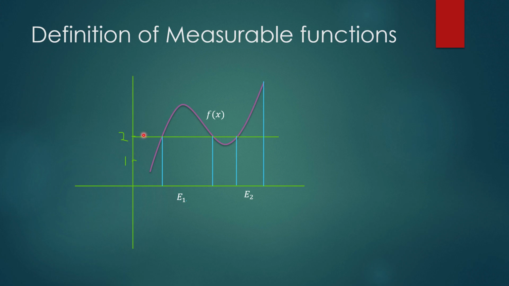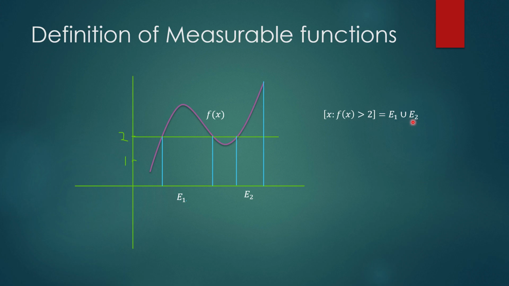Then the values of x such that f of x is greater than 2: this horizontal line is 2, and f of x here is well above this horizontal line. So the point x here gives f of x that is greater than 2. From the graph it is obvious that any point in E1 has f of x greater than 2. Similarly, any point in E2 has f of x greater than 2, because they are above the line 2. So the set of x such that f of x is greater than 2 is the union E1 union E2.